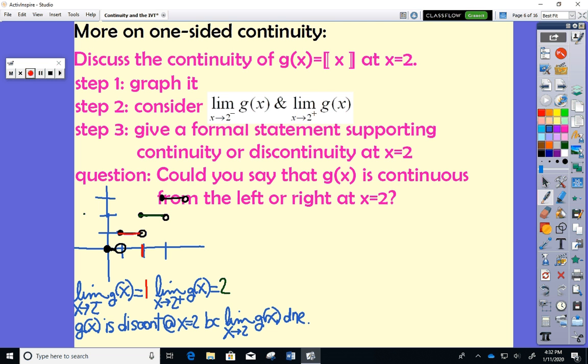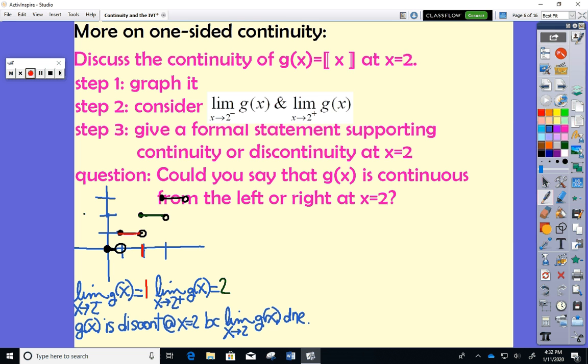All right, so give a formal statement supporting continuity or discontinuity, which we've completed. So we've gone through steps 1, 2, and 3. Now, question. Could you say that g of x is continuous from the left or right at x equals 2?